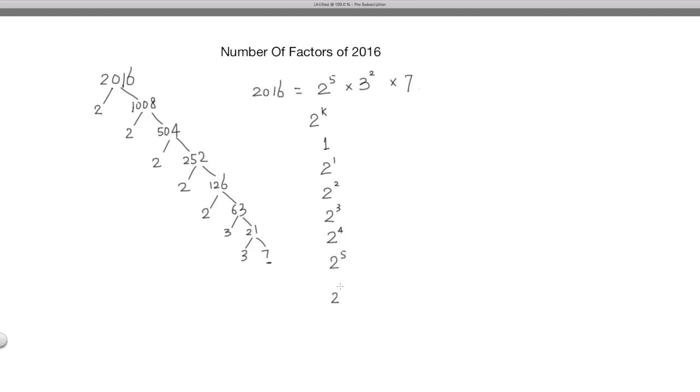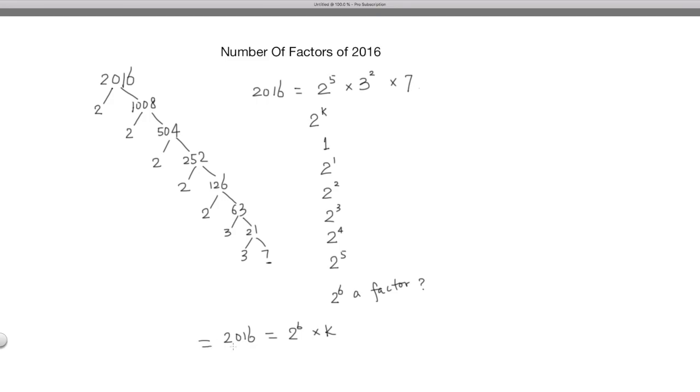Is 2 to the power 6 a factor? The answer is no. And you actually can see that if it's a factor, you can write 2016 equals 2 to the 6 times some integer k, correct?